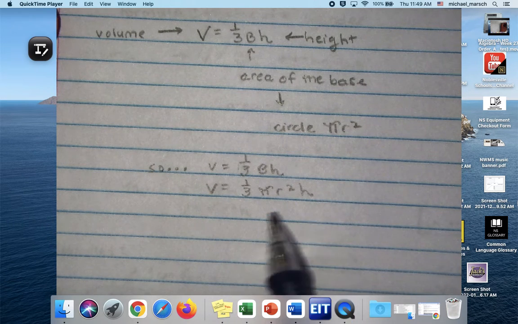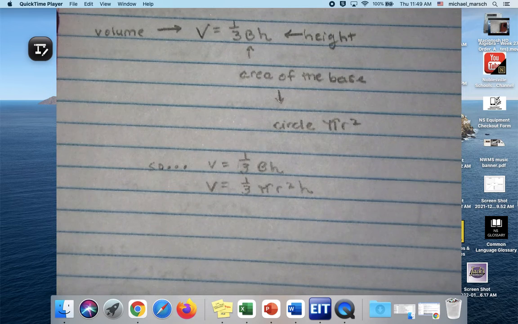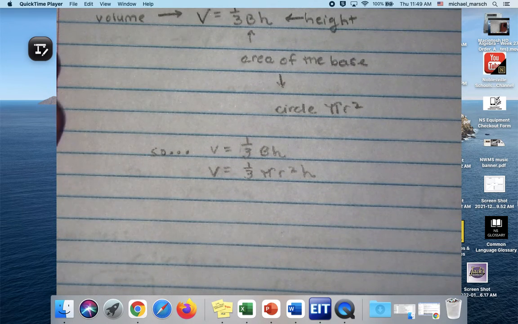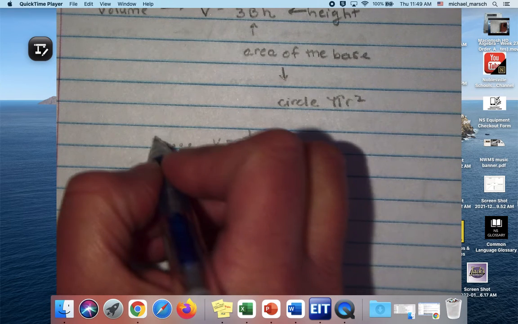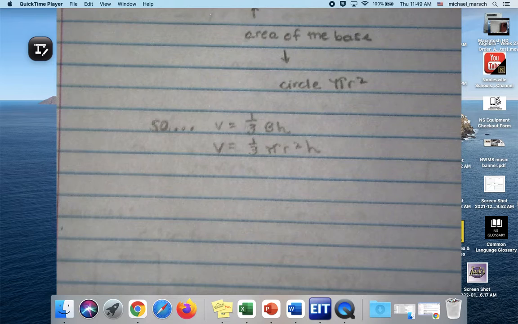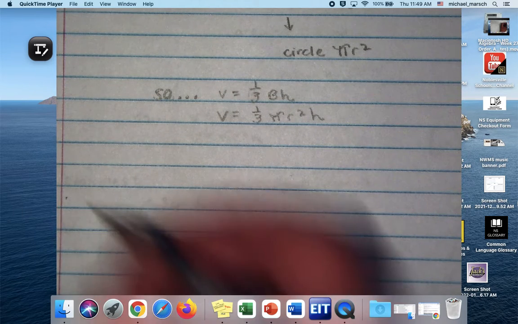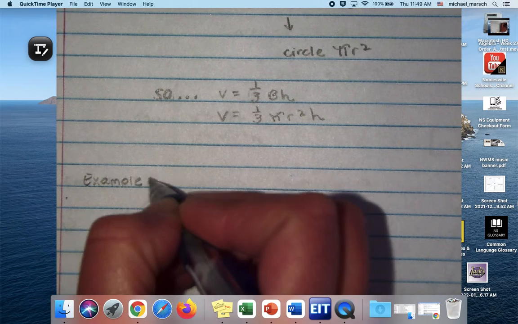So again, we need pi, we need the radius value, and the height. I'm only going to do one example for this because it's pretty straightforward.